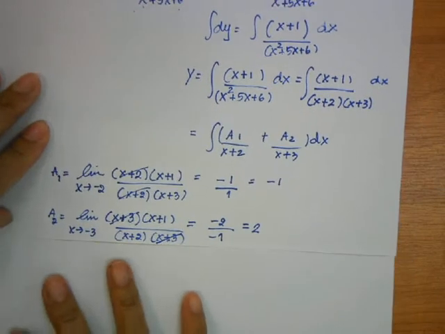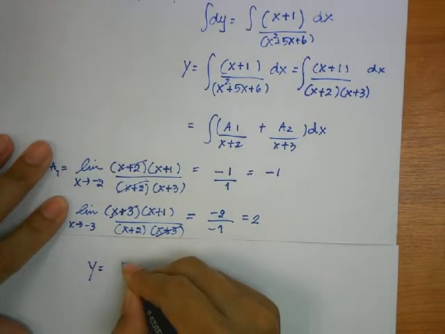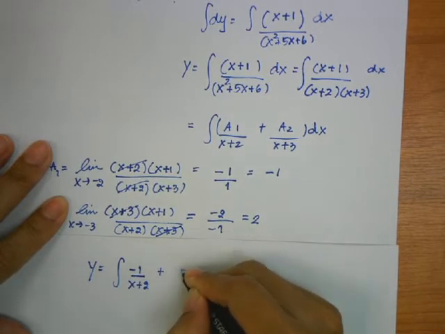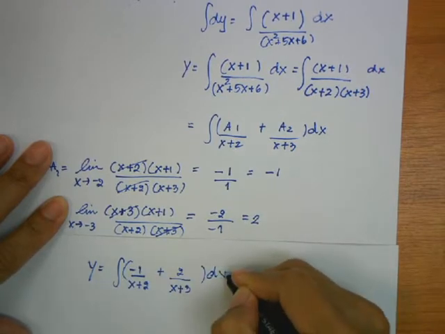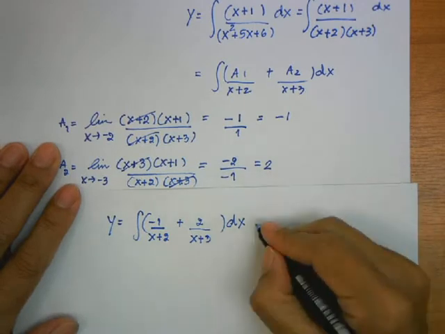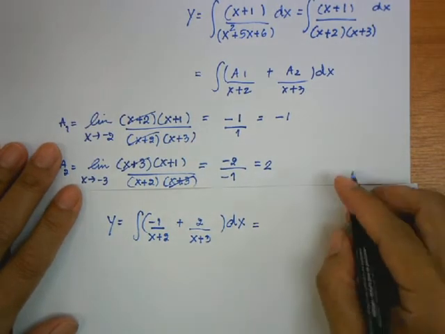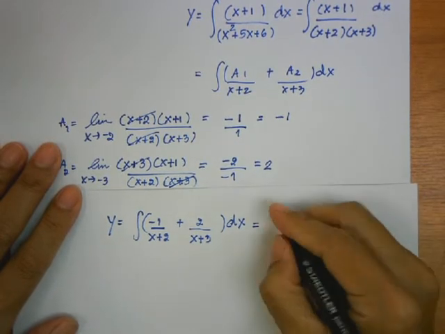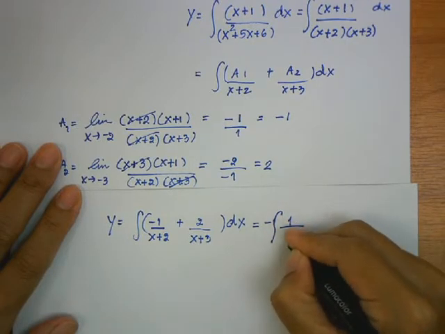Now let's go to the easiest part. y is equal to the integral of minus 1 over x plus 2 plus 2 over x plus 3, the whole thing times dx. Use the integral property that it can distribute and resolve, and also the constant can be taken out from the integral sign.